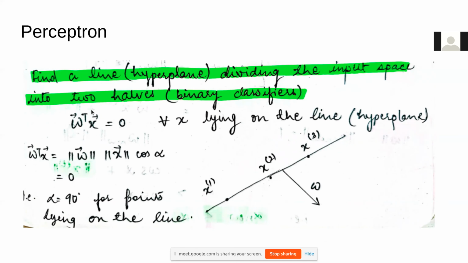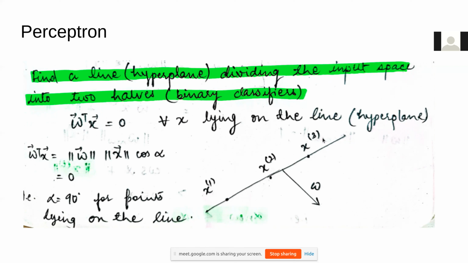The idea is that whatever the data is given, assuming it is a binary classification right now, we have to learn a line if it is a two-dimensional space, or if it is a multi-dimensional space greater than 2, then we have to learn a certain hyperplane, which will try to divide the input space into these two classes, such that all the points lying on one side of this hyperplane are classified into one class, and the points lying on the other side of the hyperplane are classified into the other class.